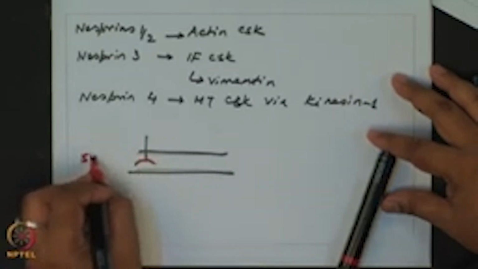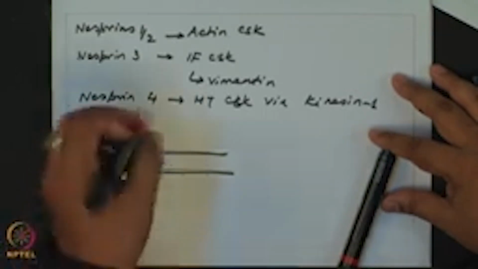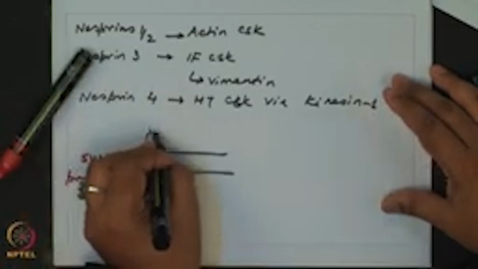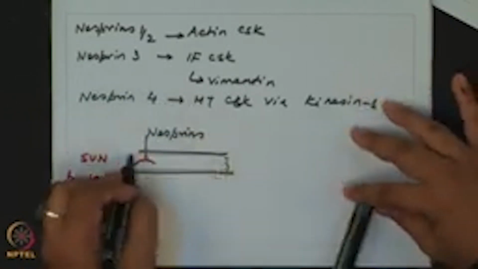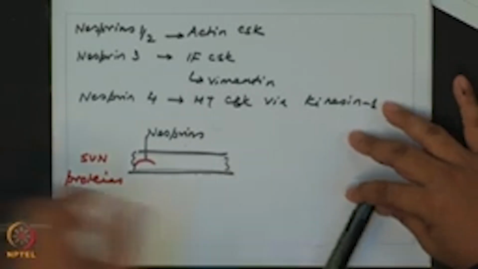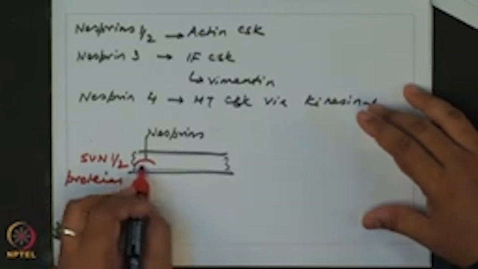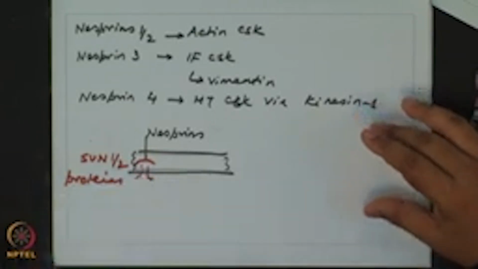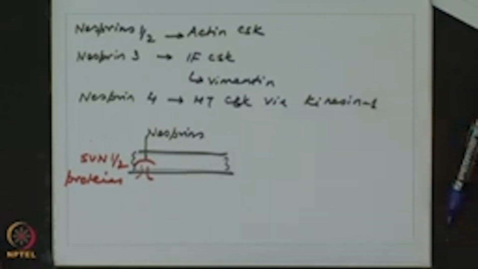You have sun proteins which link the nesprins to the nuclear membrane. And the sun, you have sun 1 or sun 2, in turn associate with the inner nuclear membrane through the cytoskeleton of the nuclear lamina.